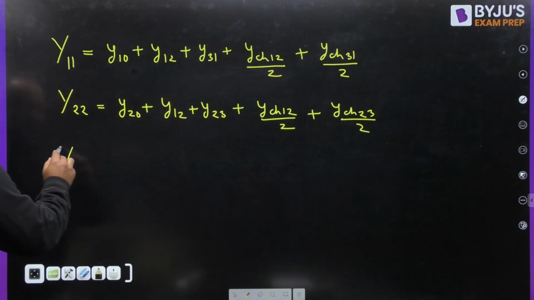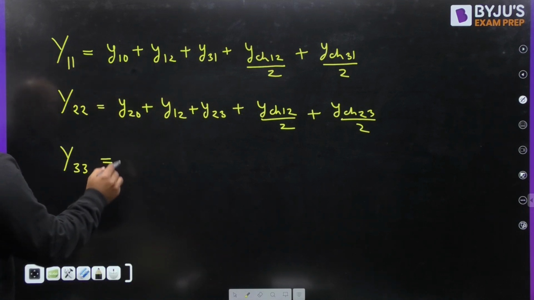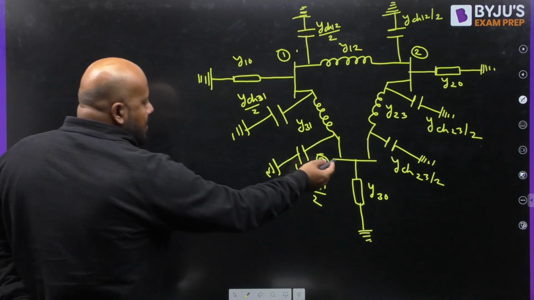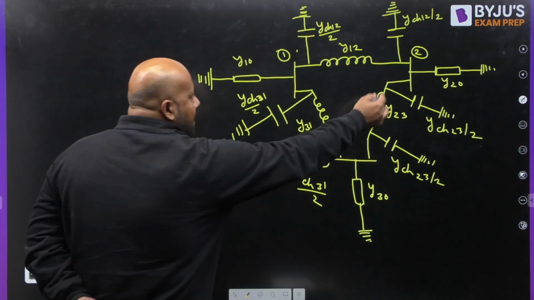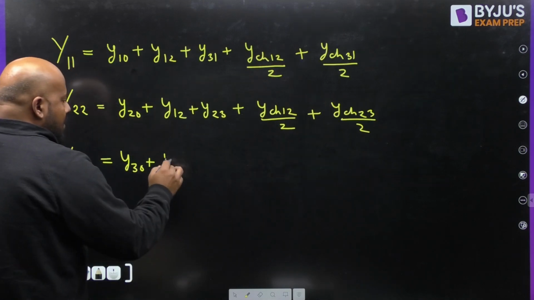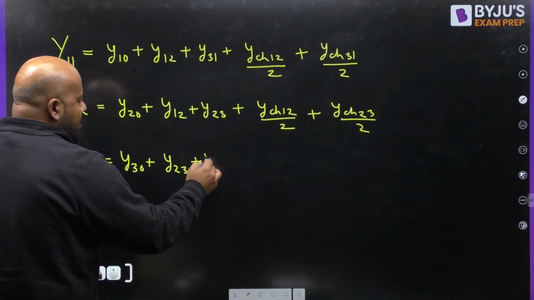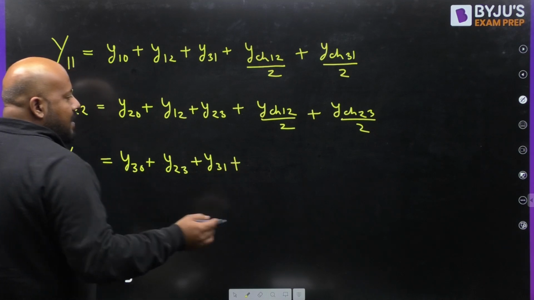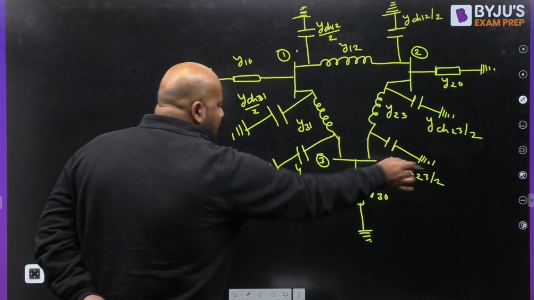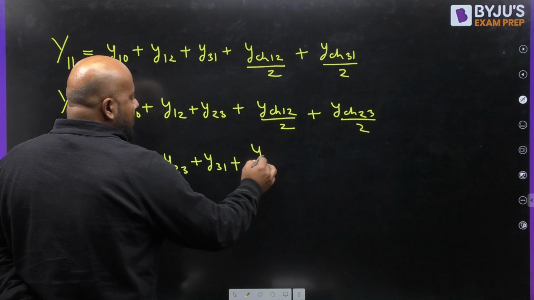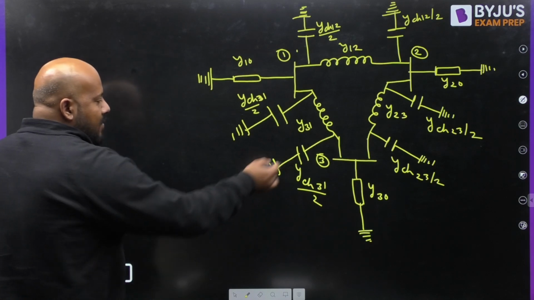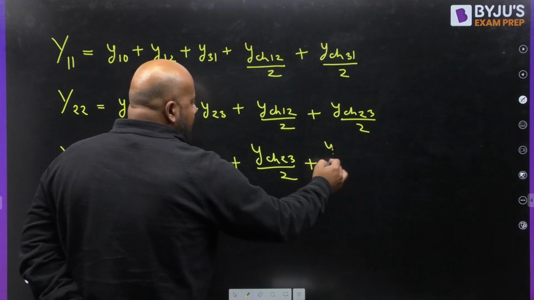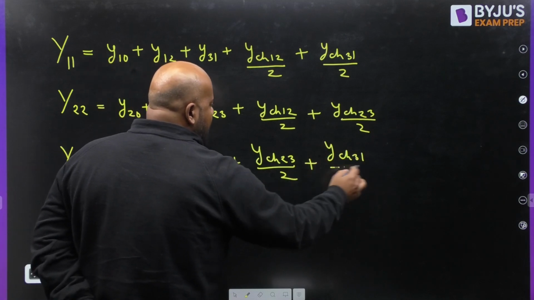Similarly, you can write for the third bus, the diagonal element. For third bus, it is going to be Y30 plus Y23 plus Y31, and the line charging capacitances, Y charging 2 3 by 2 plus Y charging 3 1 by 2.